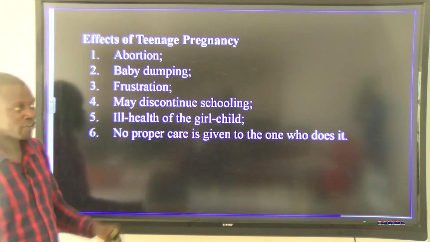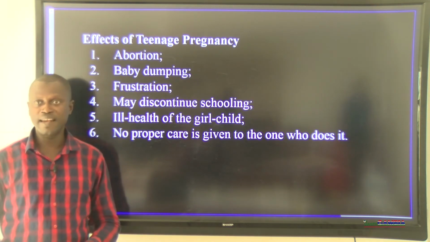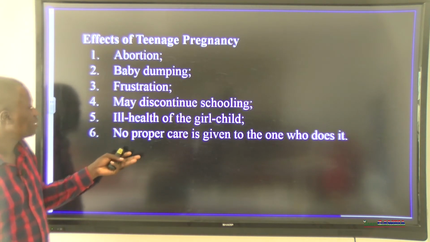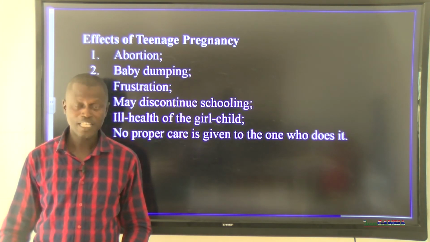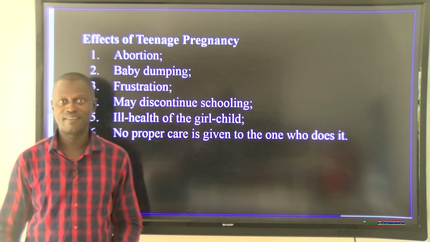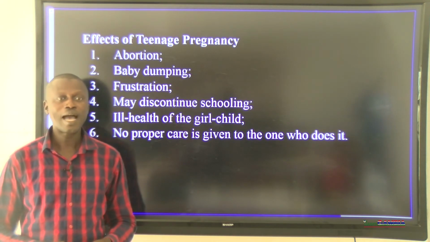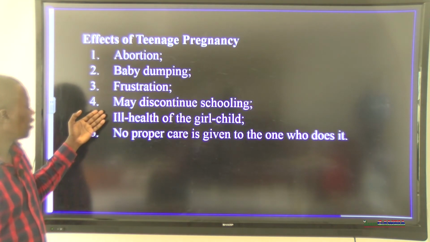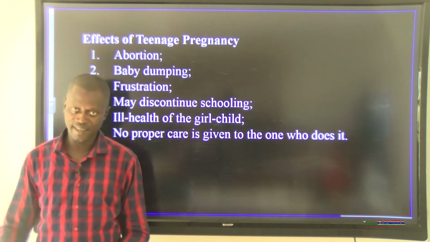Another effect is frustration. Someone who is already into the practice of teenage pregnancy, for example, a school-going girl who is already pregnant, will be frustrated, especially if support is not given to the person, especially if the person is not adequately advised. It may also lead to a discontinuity of schooling.